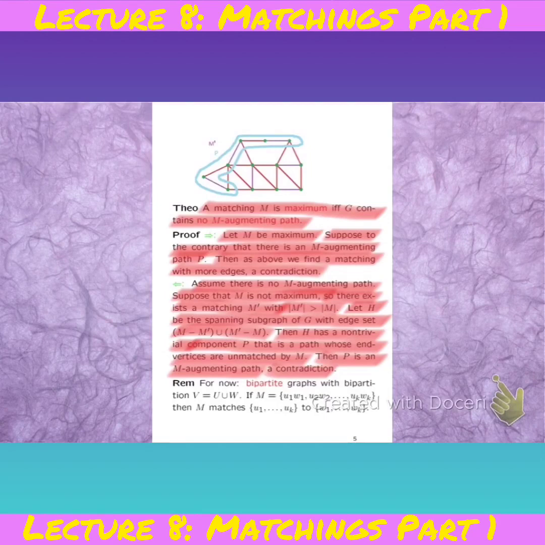Okay, before we continue, just some notational issues. For bipartite graphs, we will bipartition these graphs into vertex sets, or partite sets, U and W respectively. And if M is a matching that matches the vertices in U to a subset of W, then we will say that M matches the set U1 up until Uk to the set W1 up until Wk.